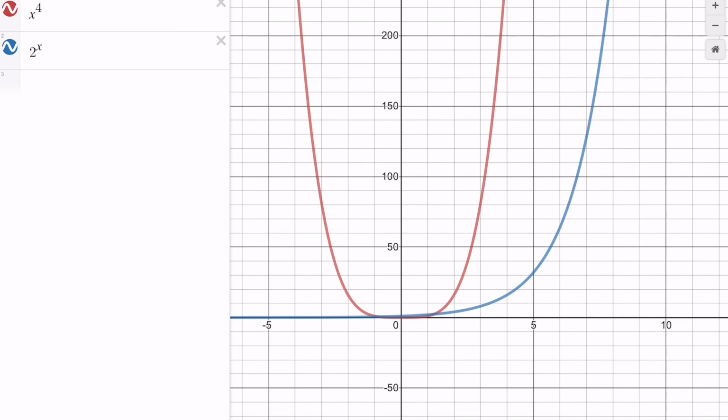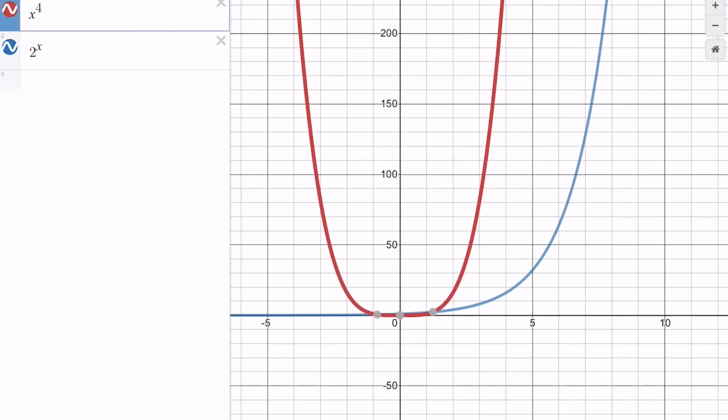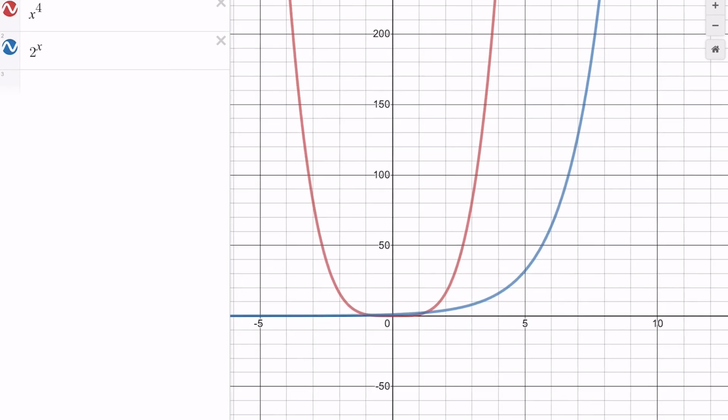Whoa, look at 200. Say, Mr. A, how much further do we have to go for the blue one to win out? I mean, here's proof right here. We're not even at 4, and we're at 200. This one, unfortunately, had to go to, what, 7? Okay.